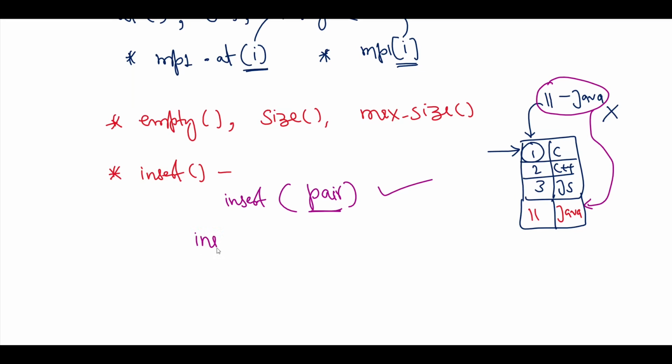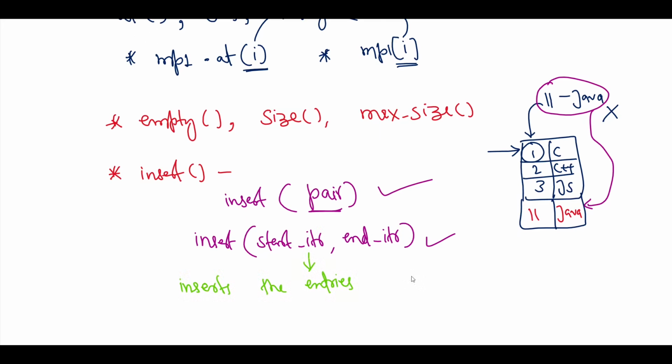And another variety that we have here is we need to pass start iterator and end iterator. So it inserts the entries in the range defined by the start iterator and the end iterator of the another map. Alright. So it basically does following thing.